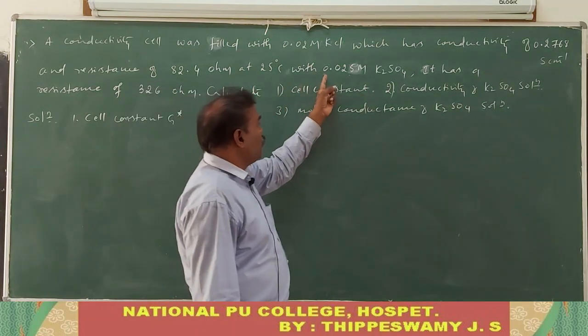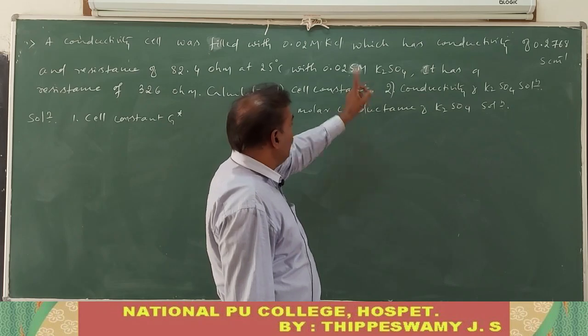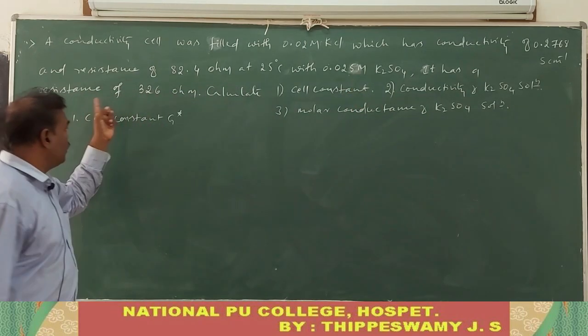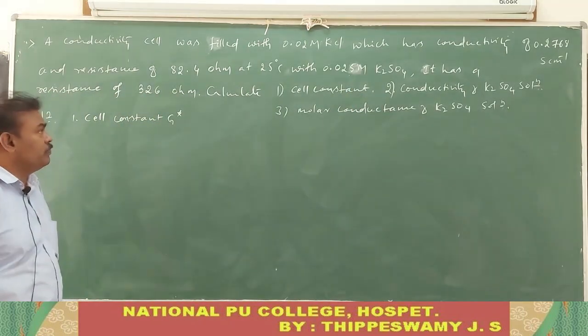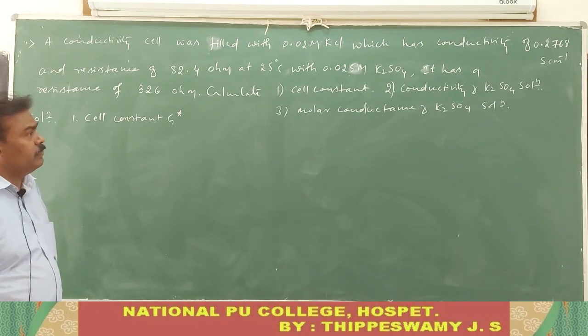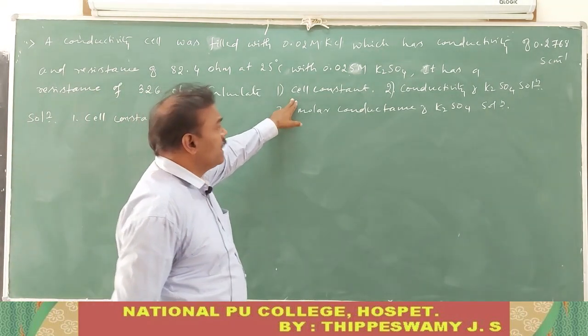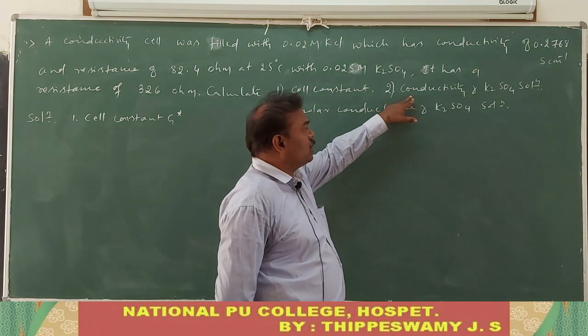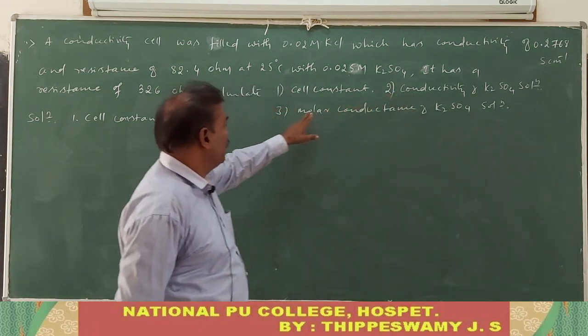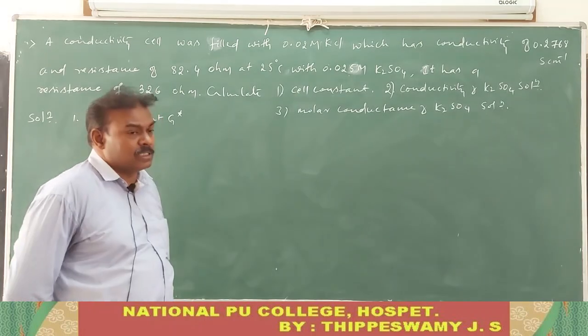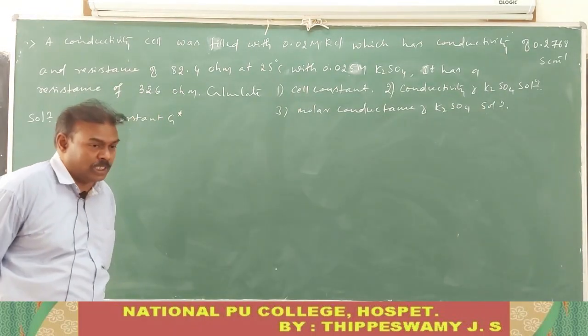With 0.25 m K2SO4, it has a resistance of 326 ohm. Calculate: first one is the cell constant, second question is the conductivity of the potassium sulfate solution, and the third one is the molar conductance of the potassium sulfate solution.